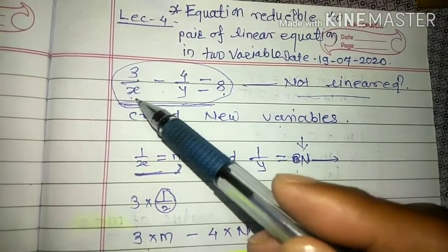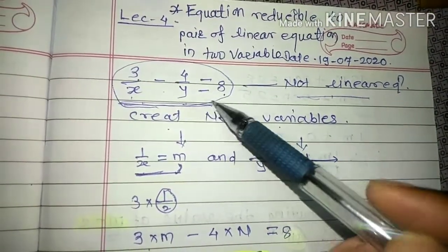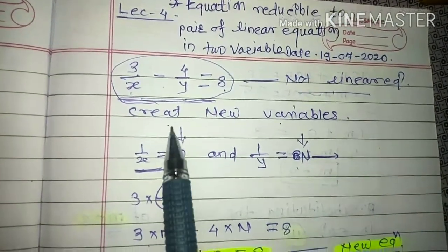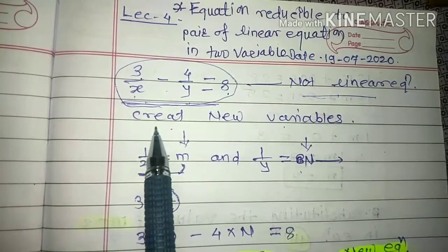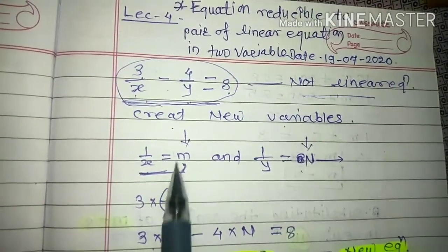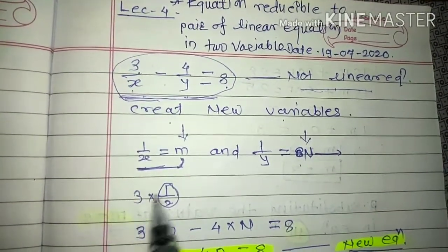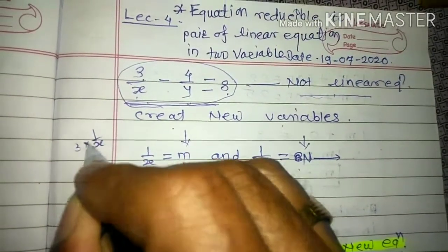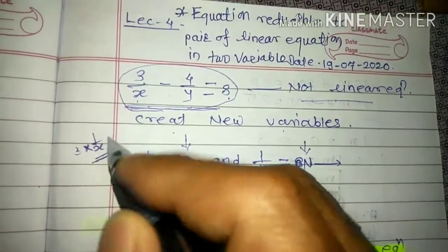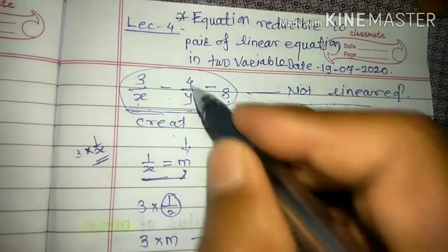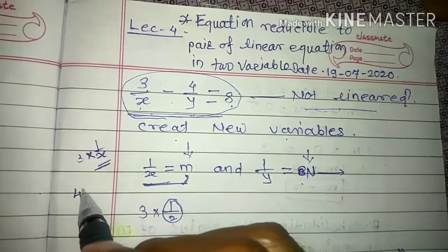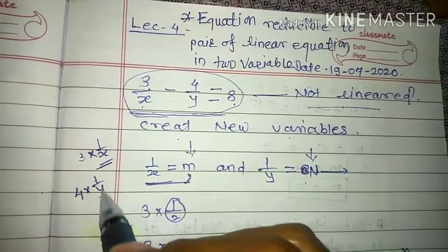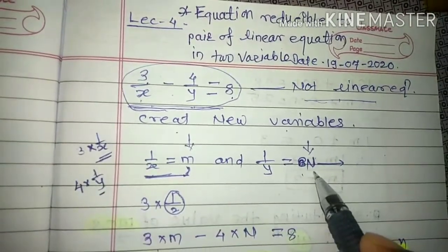Suppose 3/x - y/4 = 8. It is not a linear equation, but we can create two variables: 3 into 1/x, where 1/x is equal to m, and 4 into 1/y, where 1/y is equal to n.